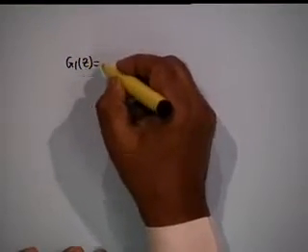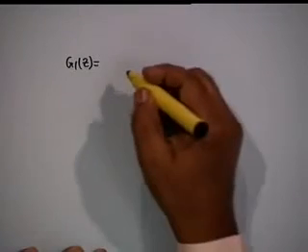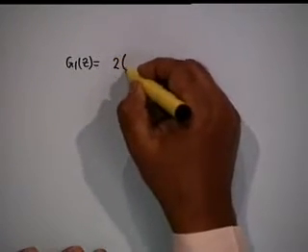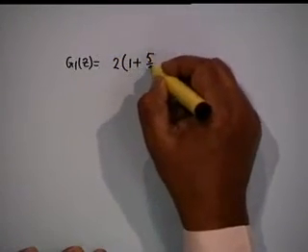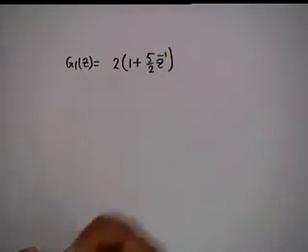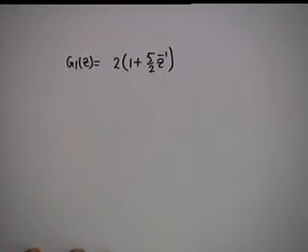Now since it is only a third order, there has to be a real zero, and the real zero is already given. 1 plus 5 by 2 Z inverse. This is the real zero, not pole. The zero is at minus 5 by 2, minus 2.5.